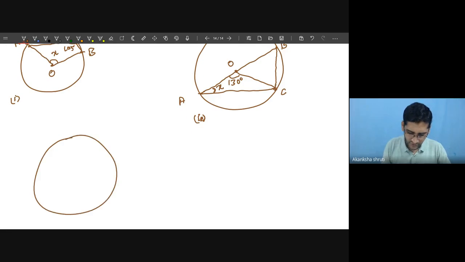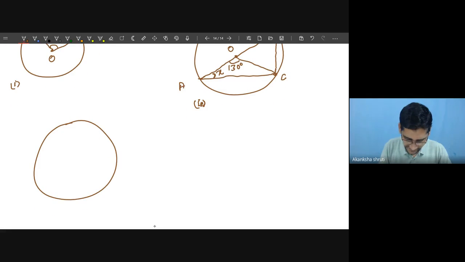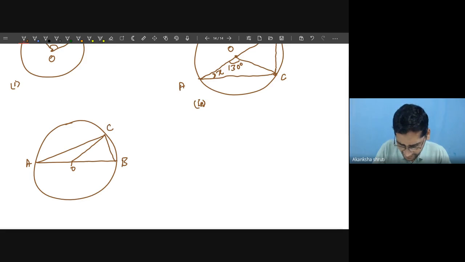Students, we will do one more question. Consider this as AB and another point as C, joining like this, and also join to this one.